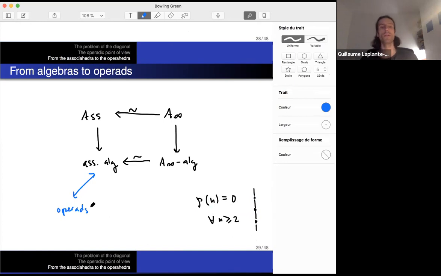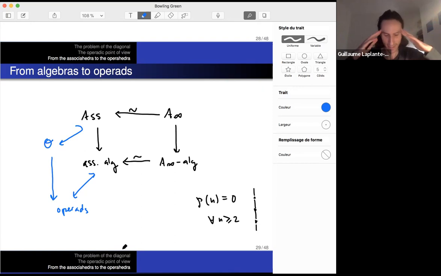And then you can wonder, is this square that I've drawn extensible? Is it possible to extend it to another square starting at operads? And the answer is yes. There is an operad O, and when you take algebras over O, you get operads.